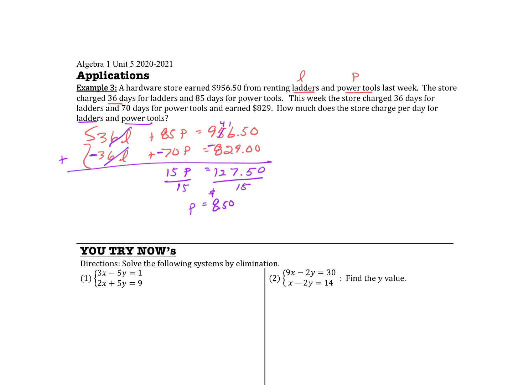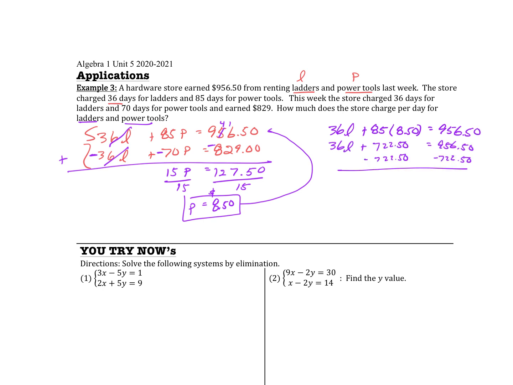So we need to take that answer of 8.50 and put it into one of the equations. So again, I guess I'm going to go to the top. So I'm going to have 36L plus 85 times 8.50 is equal to $956.50. Okay, so I multiplied 85 times 8.50, I got 722.50.